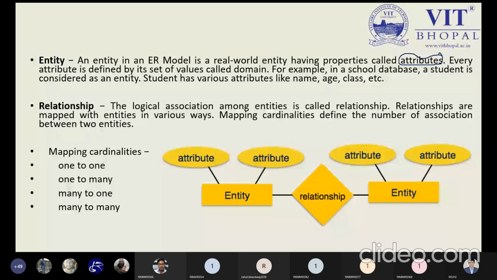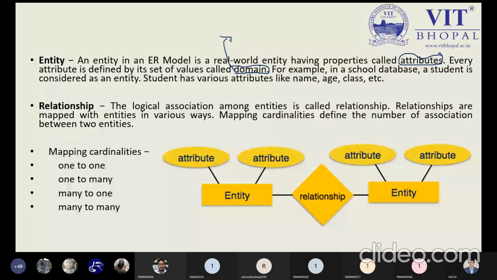Can anyone give me an idea about the domain? What is meant by the domain? Every attribute is defined by a set of values and called a domain. Yes, please tell me, any student?